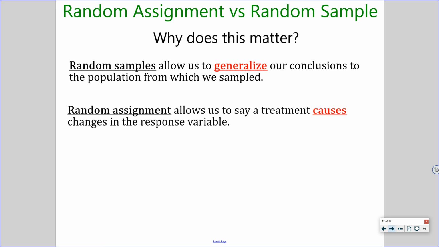Random samples allow us to generalize our conclusions to the whole population from the group we sampled. And a random assignment allows us to compare the treatment to the control group, and say if something causes changes in the response variable.